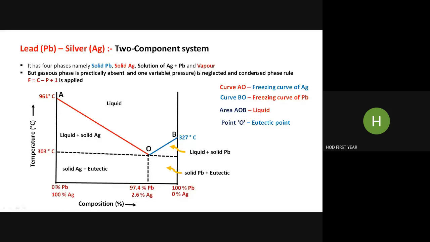Then 0 and 100% at the initial point for the first experiment, and 100% lead and 0% silver for the second. And the most important part, 97.4% lead and 2.6% silver at the eutectic point, corresponding to 303 degrees Celsius. Then this area and the remaining area, but you need to explain only the liquid area, these four parts.